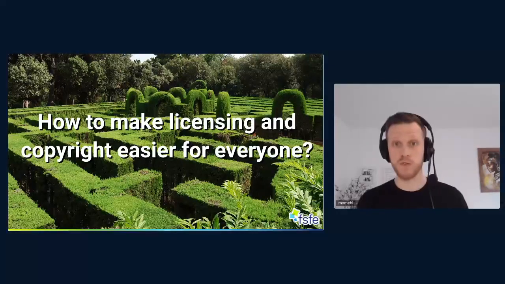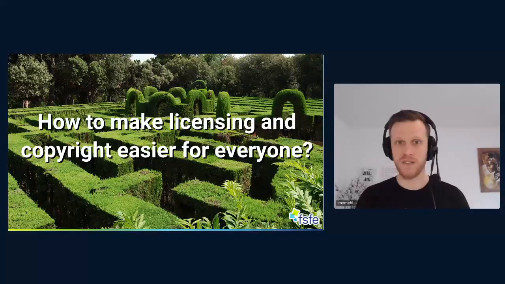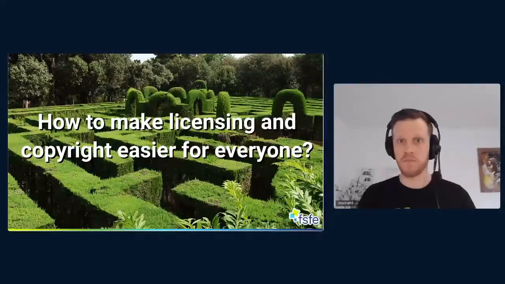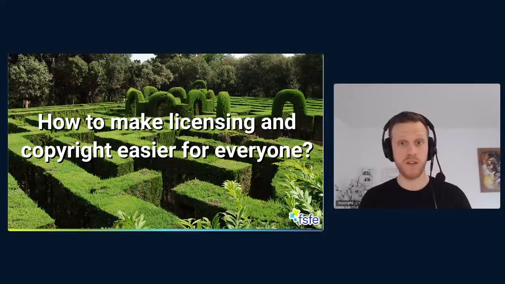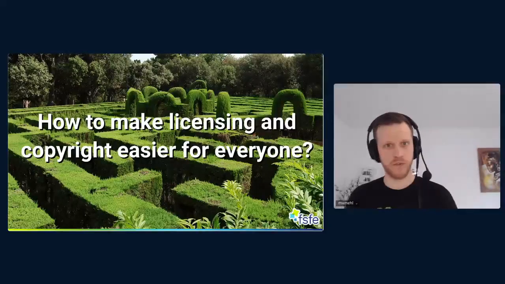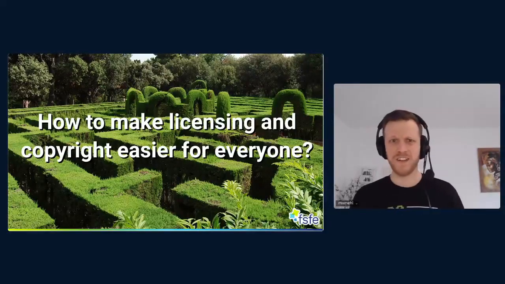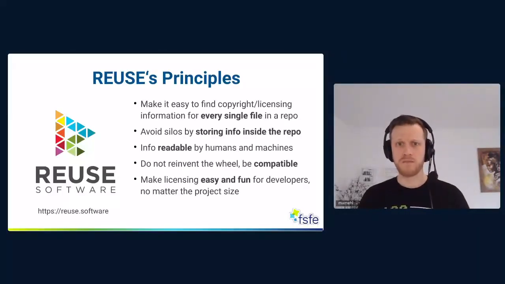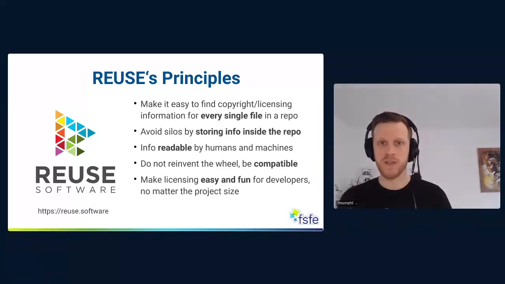There are so many cool tools that help you with licensing and that are used at larger reusers or somewhere else. So we also want to make it easier for machines, but of course also for humans. These are a lot of challenges, right? And what we came up with is REUSE, basically, and the principles of REUSE. This is a short summary of what we thought back then would be great to have.